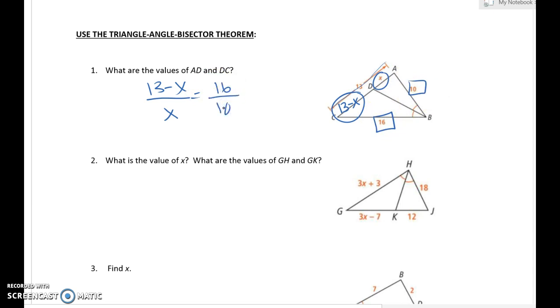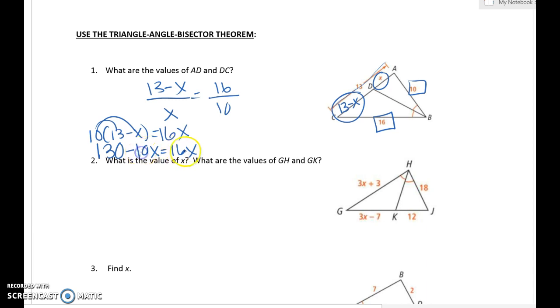When we cross multiply here, we end up with 10 times 13 minus x equals 16x. So 10 times 13 is 130. 10 times negative x, negative 10x equals 16x.